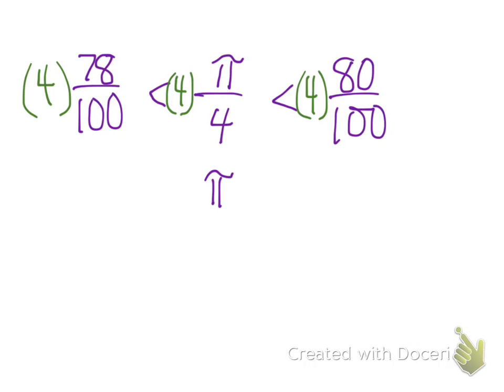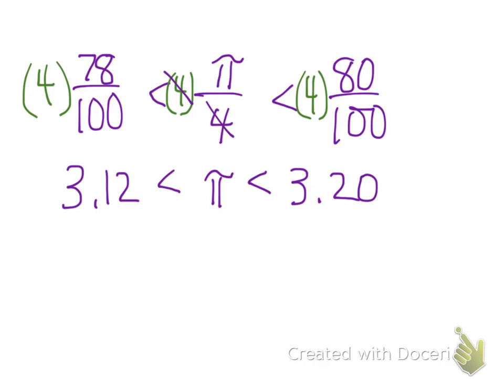The 4 cancels there. And 4 times 0.78 is 3.12. And 4 times 80 hundredths, 4 times 8 is 32, so this is going to be 3.20.